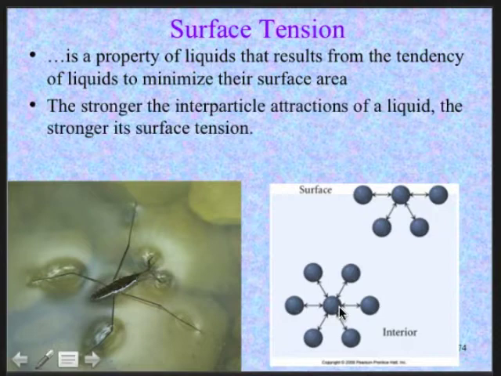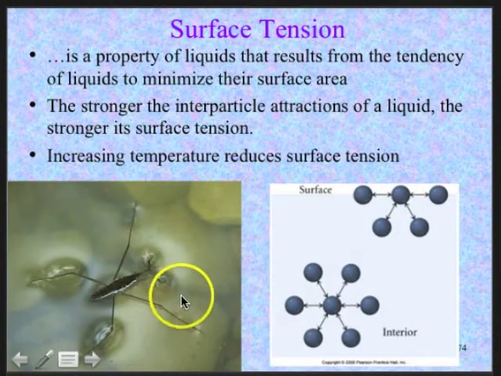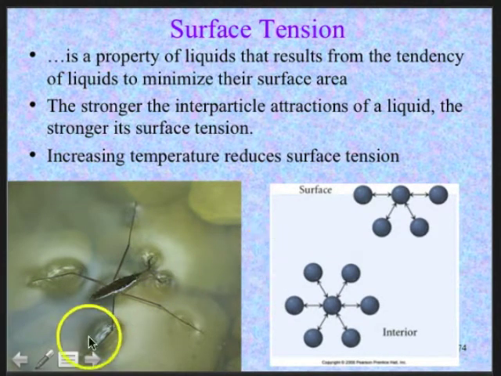This is because strong interparticle attractions have lower potential energy, and this energy inequity causes the liquid to minimize its surface area. Also, increasing temperature reduces surface tension.